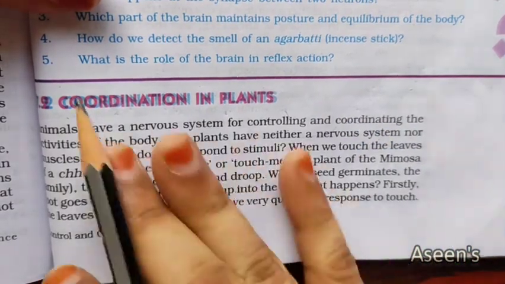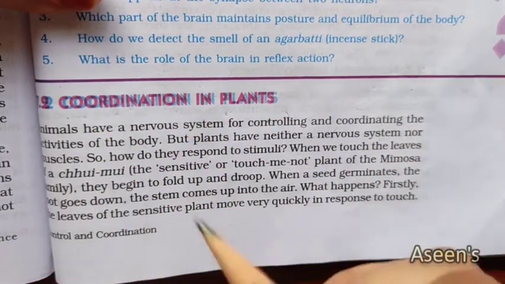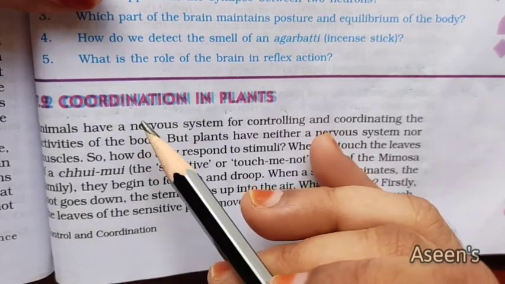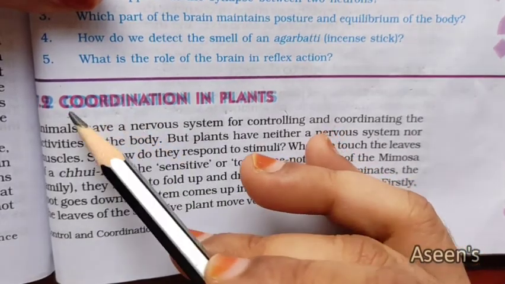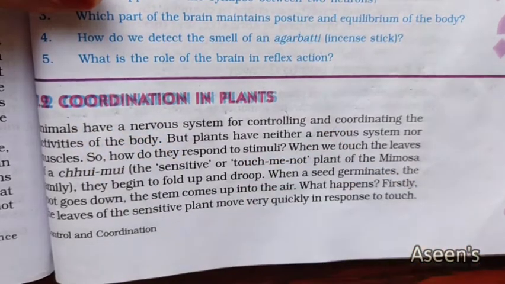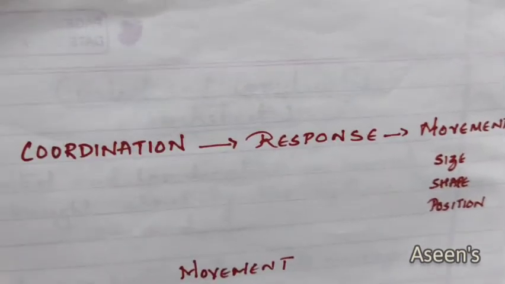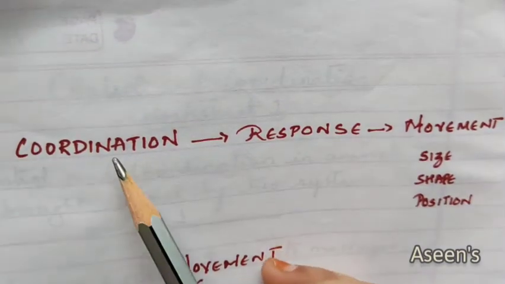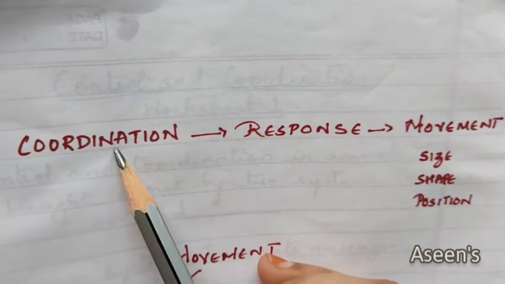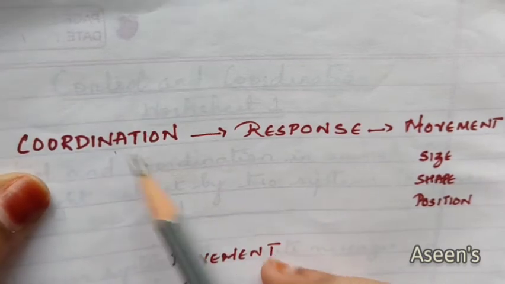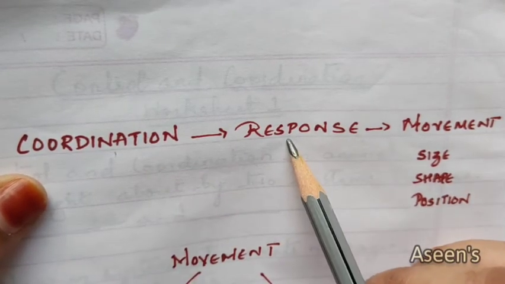Now let's talk about coordination in plants. If you remember, in part 1 I already told you about control and coordination. Control and coordination is brought about by a response, right?